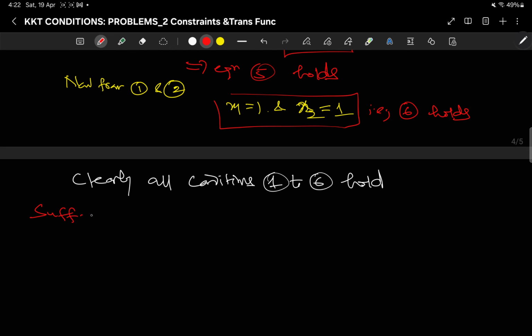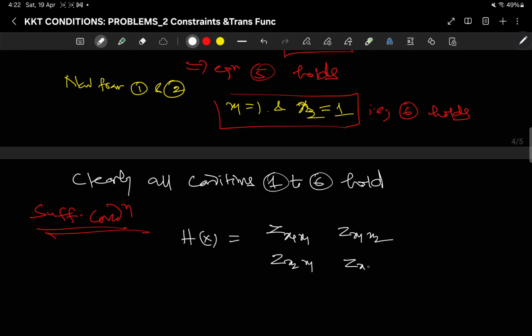Come to the sufficient condition. What is your Hessian matrix? Your H(x) is Z x1x1, Z x1x2, Z x2x1, Z x2x2.